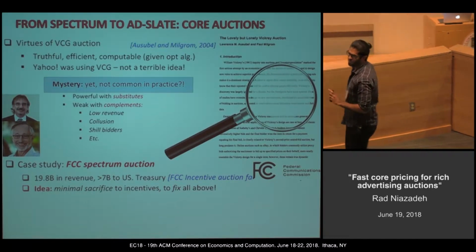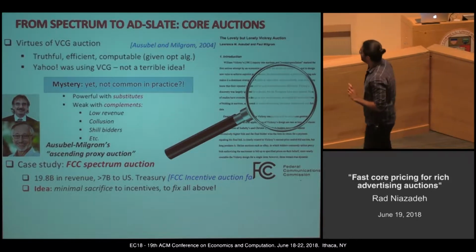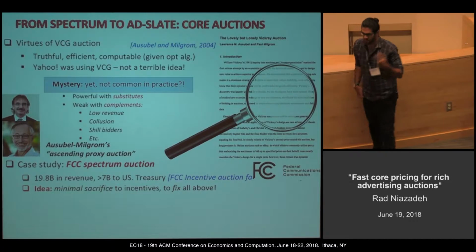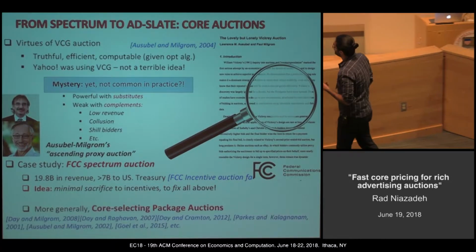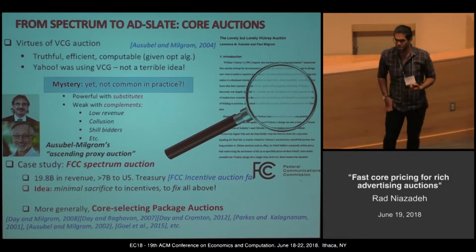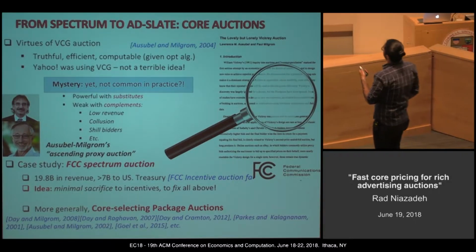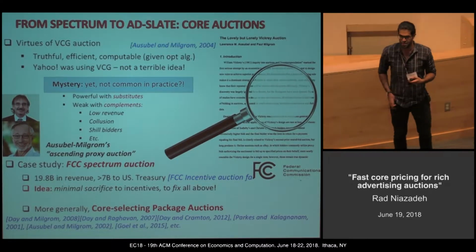That was one of the goals. And I would say one of the early solutions was the ascending proxy auction. We heard about it in this session. And then later on, it was generalized to a family of auctions, core-selecting package auctions. And this is going to be the type of solution that I'm going to talk about, and how to adopt it for the sale of ad space.